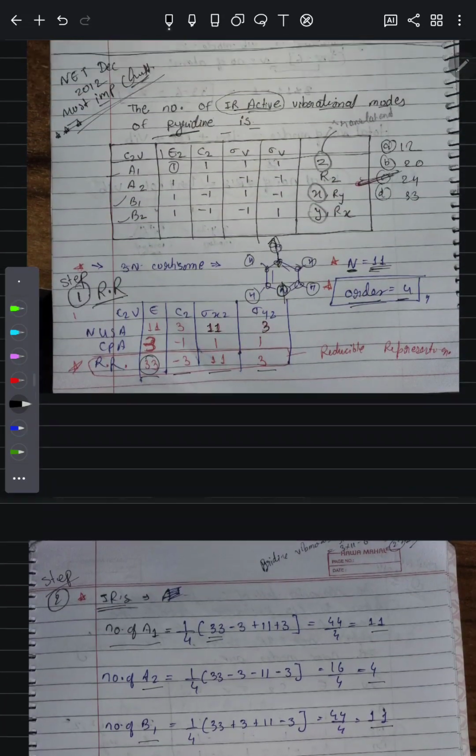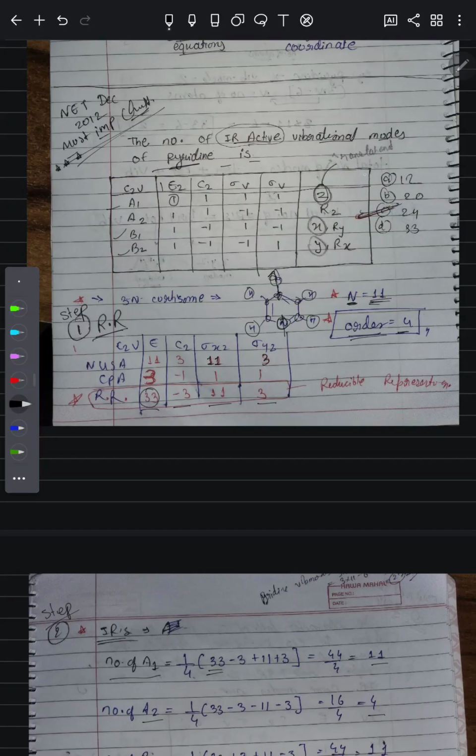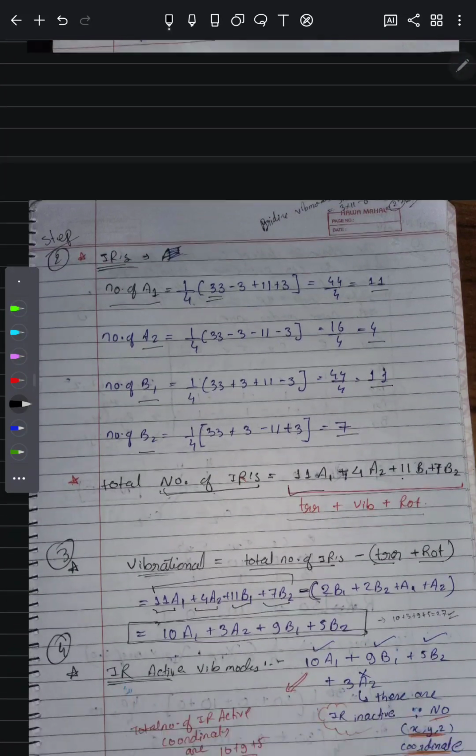By checking into these values. So these are the translational, the z, x and y axes, these are translational.